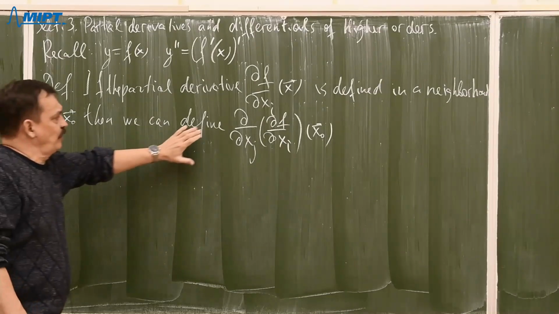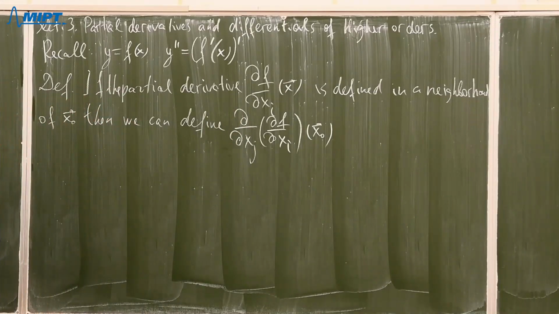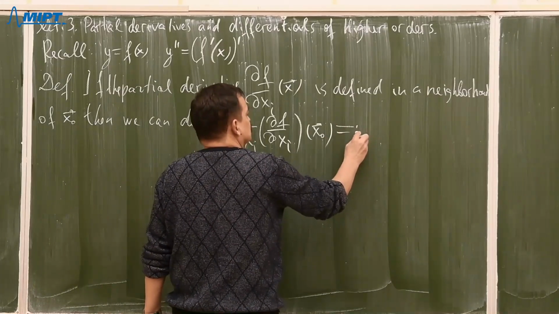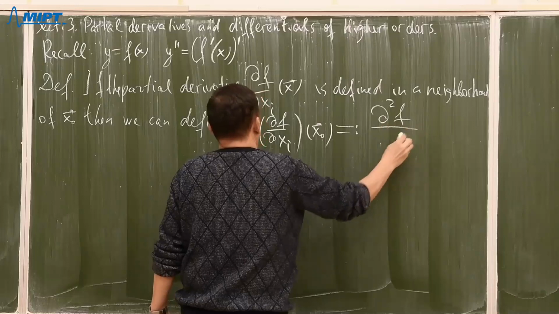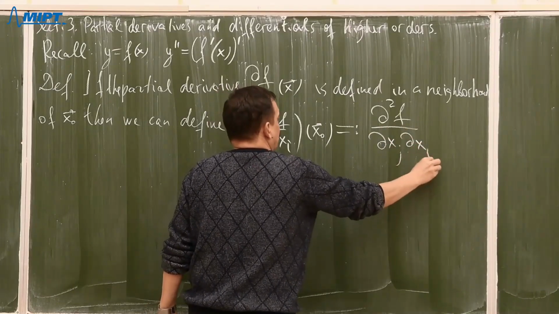So we know how to define partial derivatives, and by definition the notation is as follows: partial derivative of f with respect to x_j x_i.